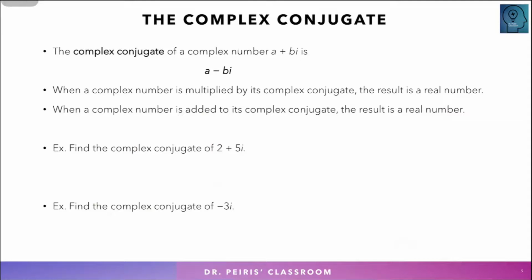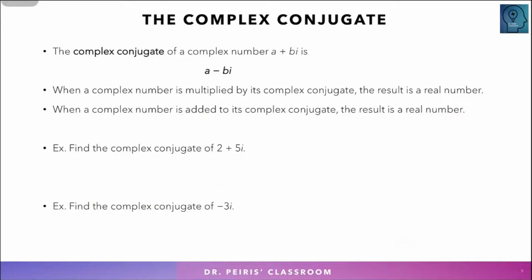Before we learn how to divide complex numbers, we need to understand the concept called complex conjugate. So how do you find the complex conjugate of any given complex number? The complex conjugate of a complex number in the form a plus bi is equal to a minus bi. So if the complex number is a plus bi, the complex conjugate is a minus bi, or vice versa.